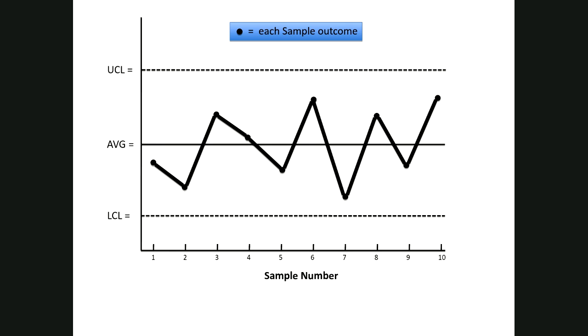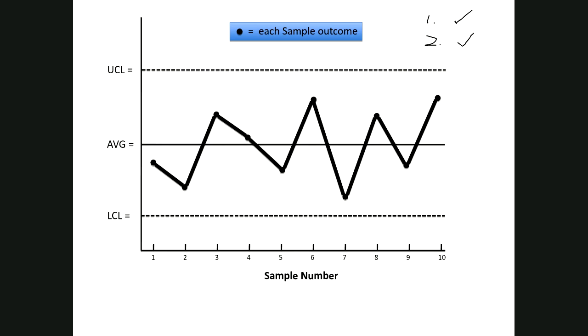Number 1, there are no sample points outside the control limits, and in this case, that condition is met. So there's no points outside the control limits. Number 2, most of the samples are near the process average or near the center line.